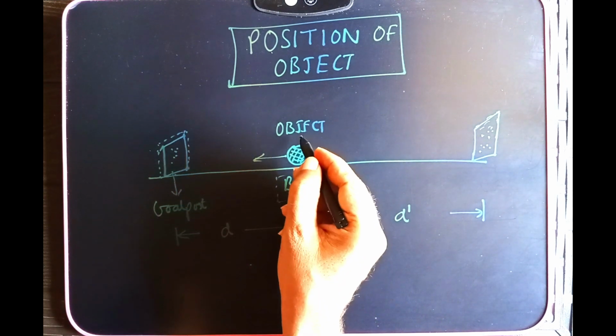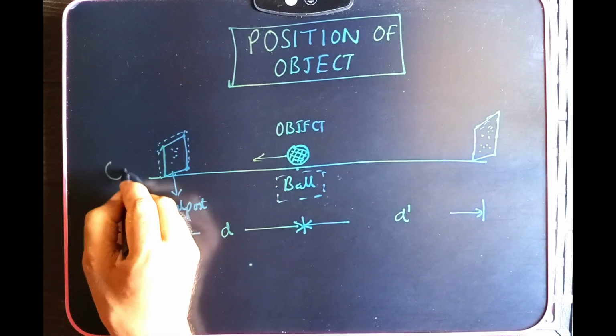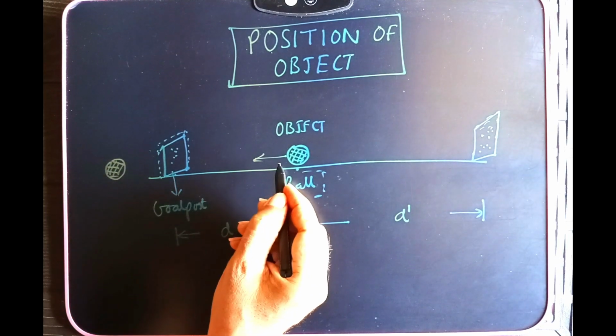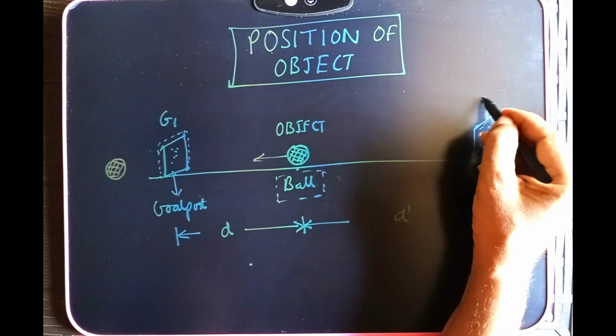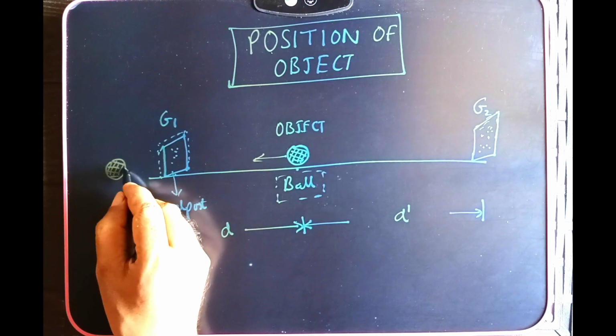So now the object ball could be placed here. Now the position of the object with respect to this goalpost 1, this is goalpost 2, has changed now.